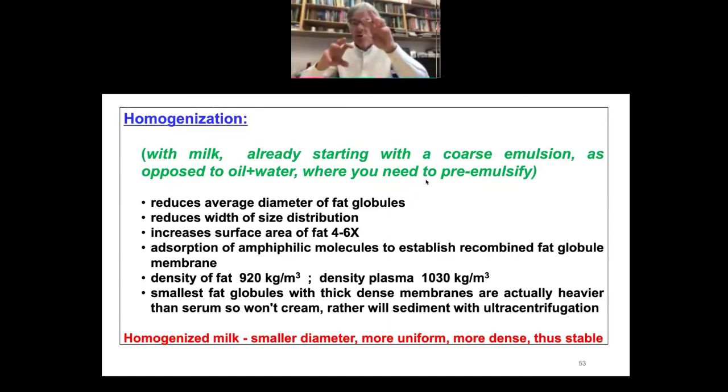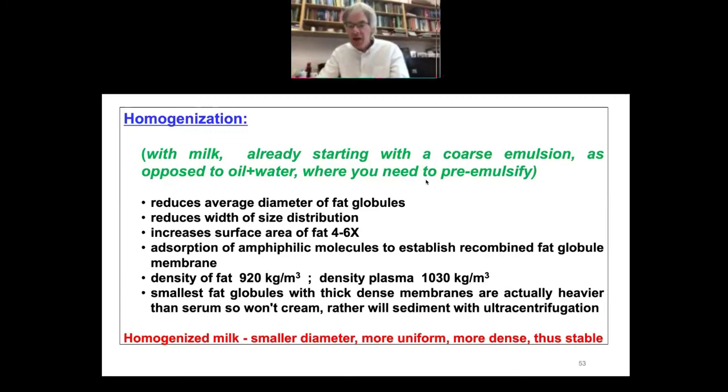As the big ones rise in raw milk, they flocculate with all these little ones, and the flock keeps getting bigger and bigger as it moves and continues to flocculate with smaller droplets, because the bigger ones are moving at a faster rate. So it's that combination of rising of the large droplets and flocculation because of the wide size distribution that leads to rapid creaming.